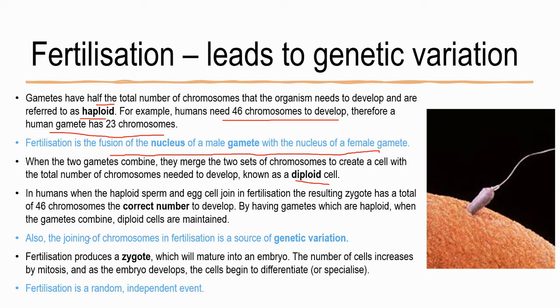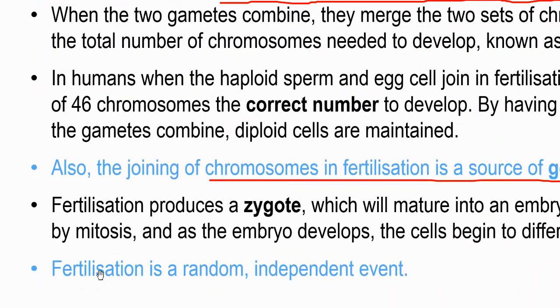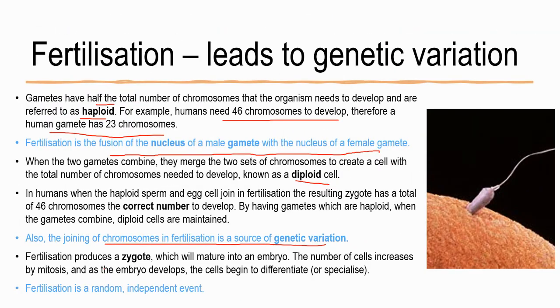So the joining of chromosomes in fertilization is a source of genetic variation, because fertilization is a random independent event. Okay, so the number of cells increases by mitosis. So once you've got the zygote, you've got a single cell, and then it divides and divides many times, develops into an embryo, and the cells begin to differentiate and specialize in animals and plants.